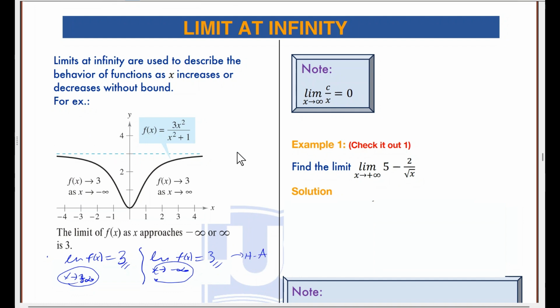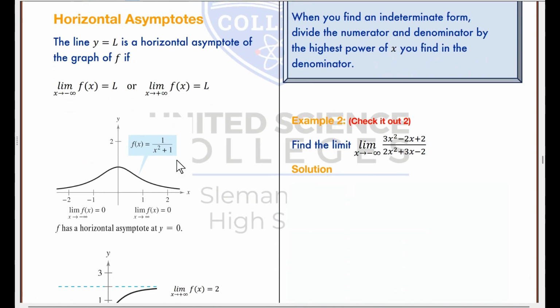This invisible horizontal line will give us the horizontal asymptote. So in order to find the horizontal asymptote, we just need to check the limit at negative infinity and positive infinity. For some questions, we have the same value as x approaches negative or positive infinity. For some other questions, we have different values, so we need to check both.